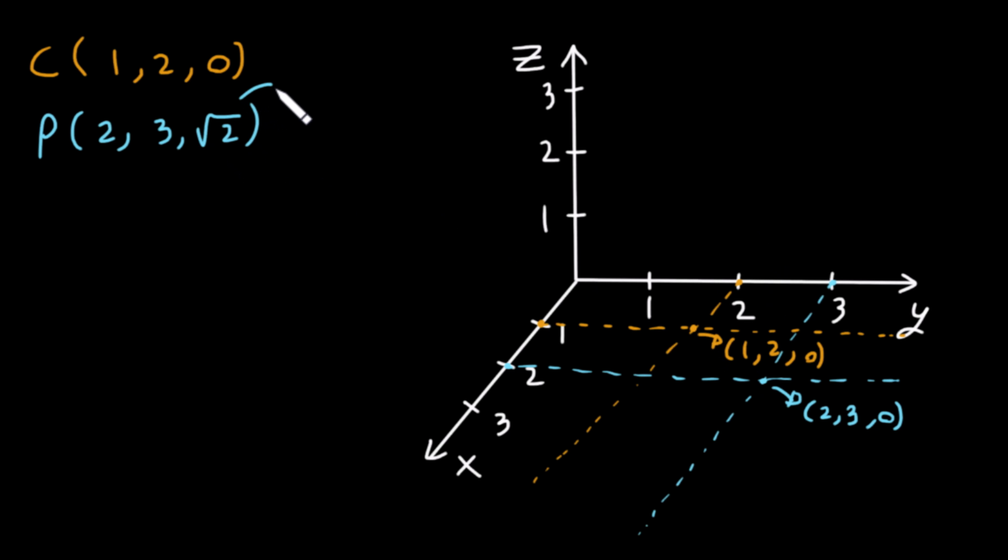This square root of 2 is approximately 1.4. So we have to go 1.4 steps up. So we have to draw now a dashed line parallel to z-axis. Now from this point we have to draw a dashed line also parallel to z-axis.